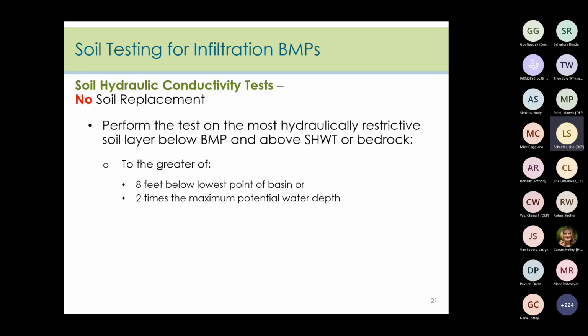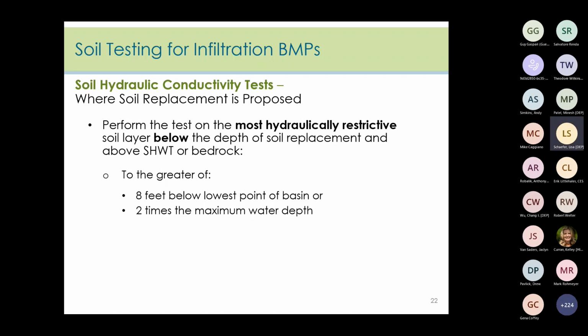So it must be in the most hydraulically restrictive horizon or substratum above the seasonal high water table or non-fractured bedrock, but located below the lowest elevation of a BMP and above whichever of the following depths is greater: either 8 feet below the lowest elevation of the BMP or a depth that is equal to twice the maximum potential water depth in the BMP measured from the lowest elevation of the BMP.